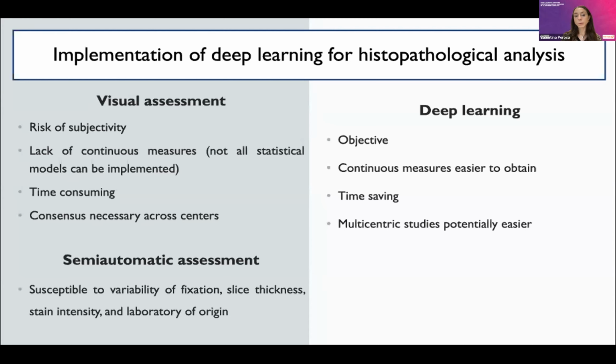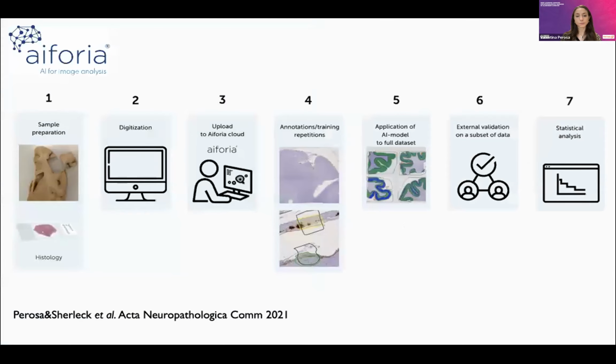On the other hand, the use of deep learning, as we already mentioned, is objective. It gives us continuous measures, which are good because it also allows us to have better statistical models to investigate whatever it is that we want to investigate. It's time saving and it's easier to apply to several centers.